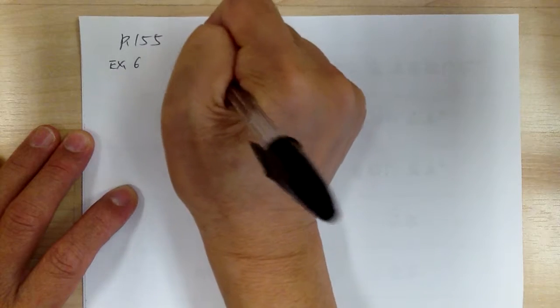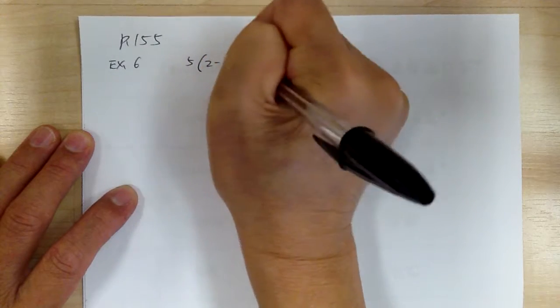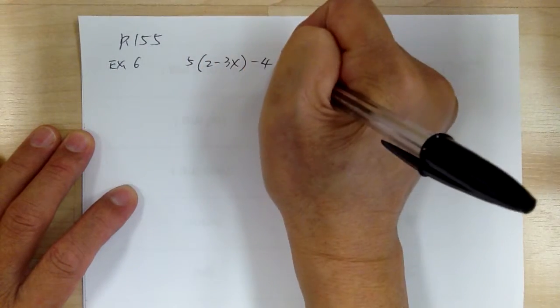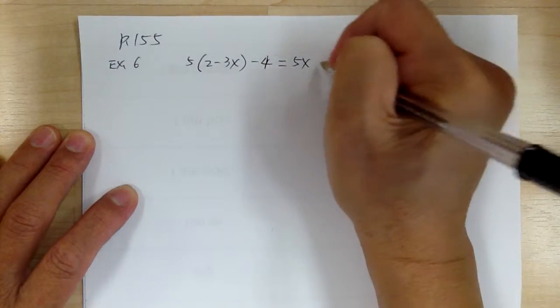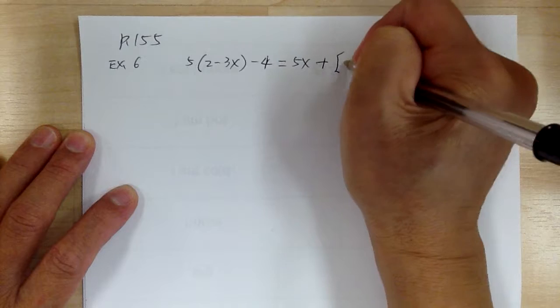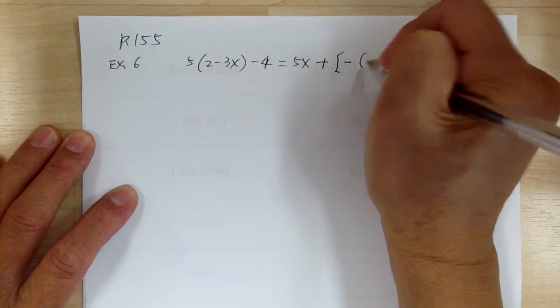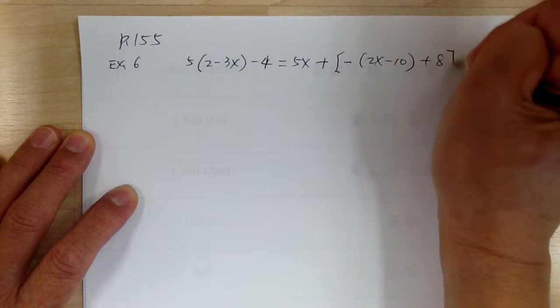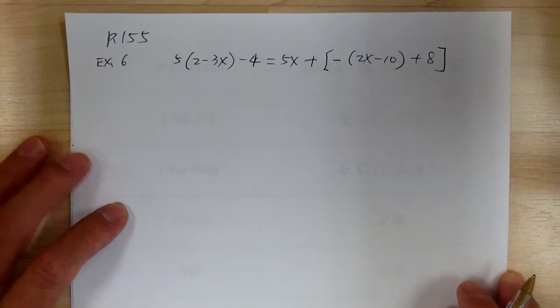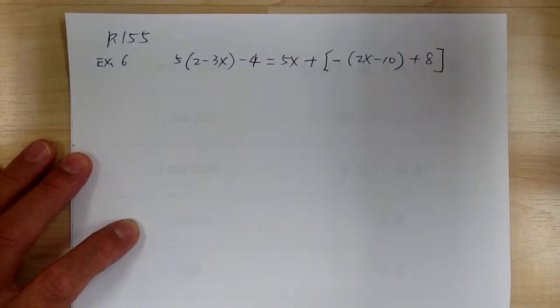So you got 5 times 2 minus 3x minus 4 equal to 5x plus bracket minus parentheses 2x minus 10 plus 8 bracket. Okay, so now you got more stuff. But again, you just go through the steps.